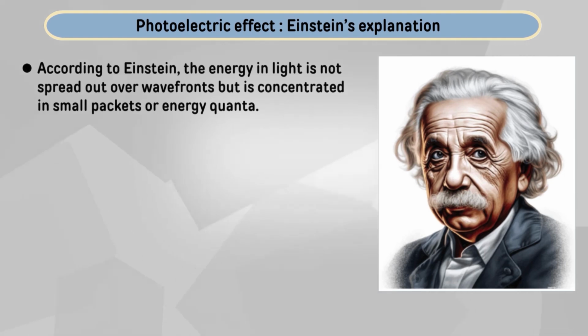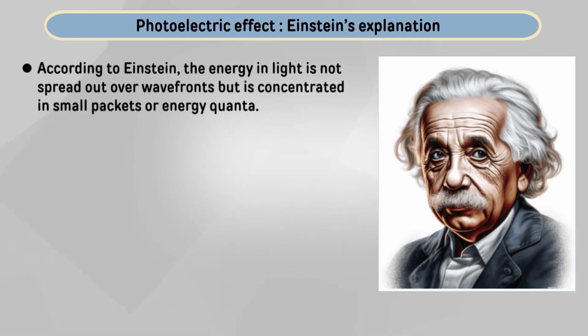The photonic theory of light was given by Max Planck, and Einstein did some smart work by combining the experimental observations with the photonic theory of light to explain it. So, this is known as Einstein's explanation of the photoelectric effect.